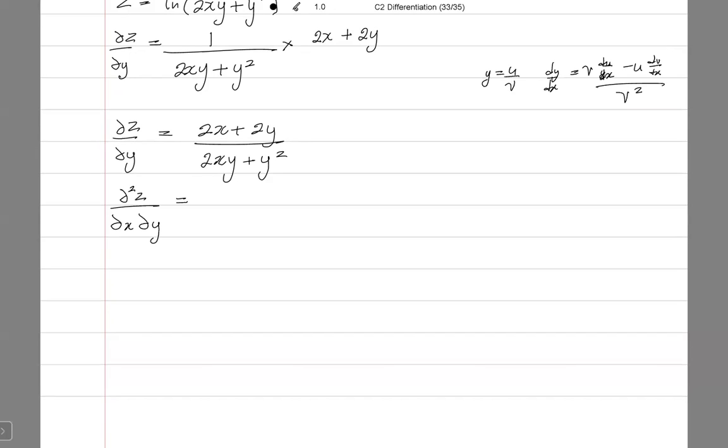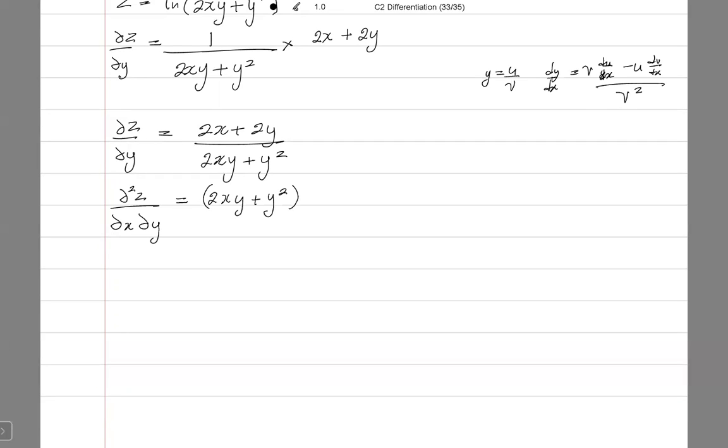So we're using the quotient rule, differentiating partially with respect to x. That means I'm going to treat y as a constant. So I'm going to have v, which is 2xy plus y squared, the denominator, multiplied by the partial differential of u with respect to x.